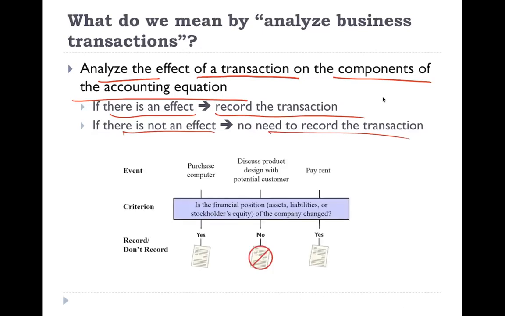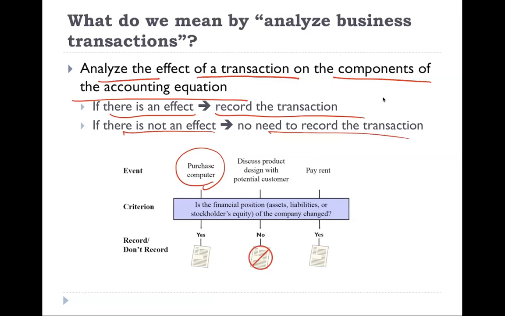And here are some examples. For example, if the firm purchased computers, the firm may spend cash. So cash, an asset, is affected. And with the purchase of computers, now the firm has computers, an asset, which is affected as well.